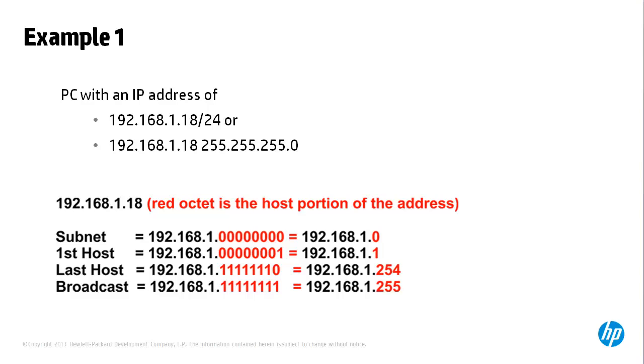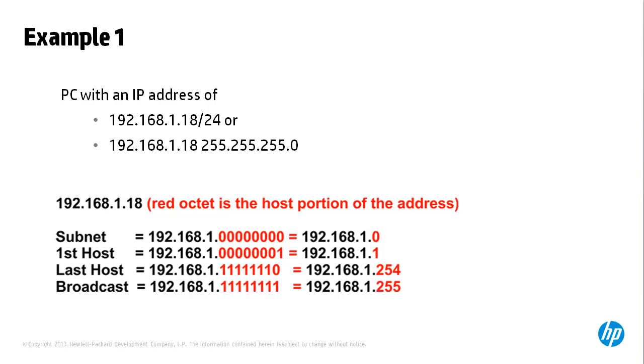Now, as you learned in the IP addressing video, these two are equivalent. 255 equates to 8 binary 1s, so 8 plus 8 plus 8 gives you 24. /24 or 255.255.255.0 implies that the first 3 octets are network, the last octet is host. Please refer to the IP addressing video if you're not sure about /24s and host and network portion. But once again, the first 3 octets are network, the last octet is host.